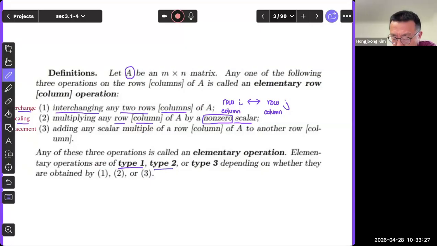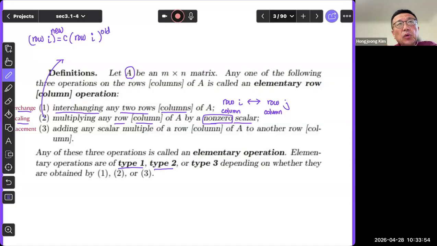In the second case, given row i, you multiply some number, say c, and then this becomes your new row i.